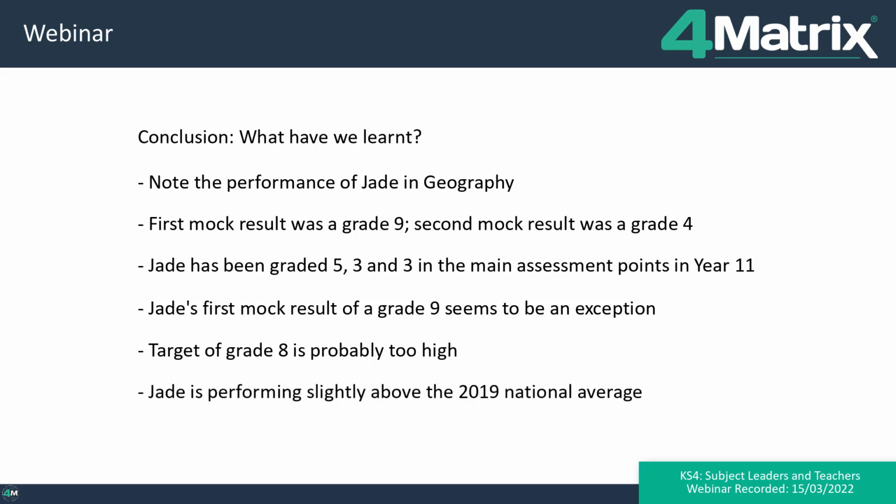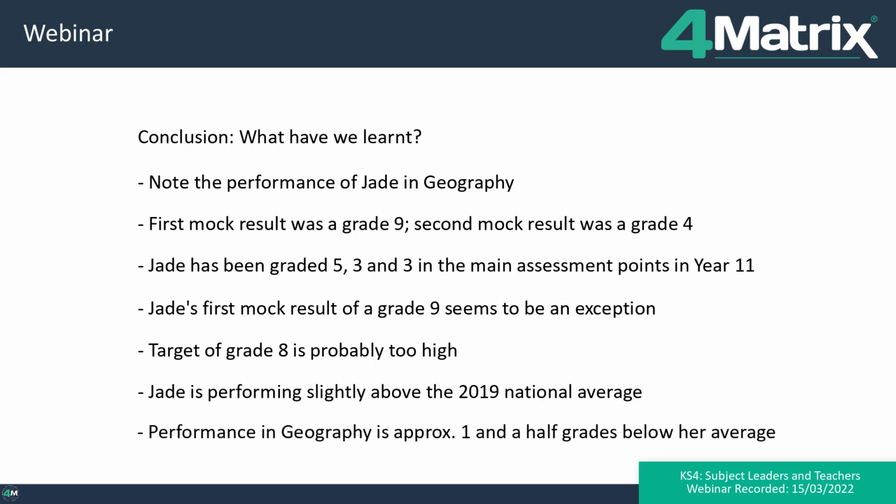Jade is performing slightly above the national average in geography based on data from 2019, compared with students with a similar prior attainment ability. Jade's performance in geography is approximately 1.5 grades below her average from all subjects that she studies.